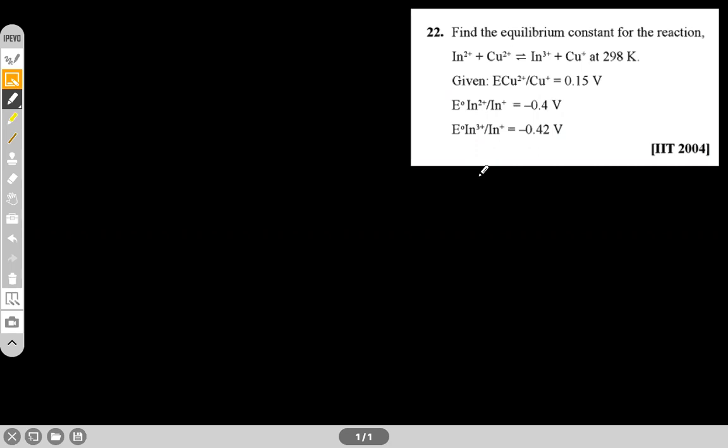Okay, so let us understand the question first. This question has been asked in IIT JEE 2004. The reaction is given, and we have ions in this reaction, but no solid is present.